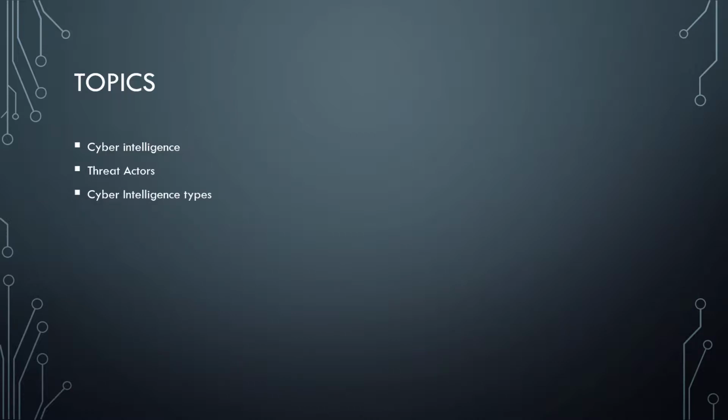Also, we are going to talk about cyber intelligence types and the type of information required to counter those attacks. And we're going to talk about the CTI, or the Cyber Threat Intelligence Process Life Cycle, and the methods that the actors or adversaries take to attack your organization.